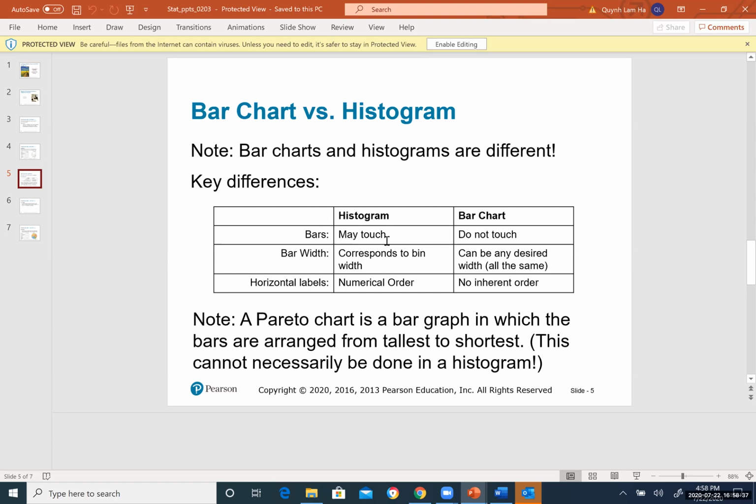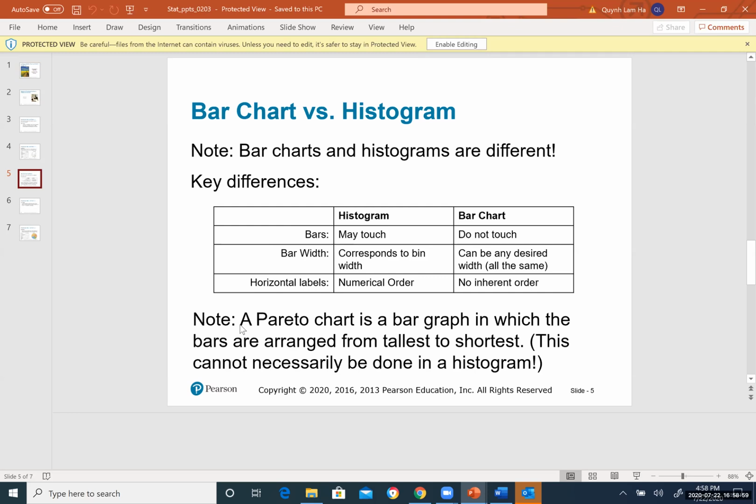You see that? May touch. Sometimes it's not touching. It corresponds to bin width and numerical order. And for a bar chart, they do not touch. Can be any width, yes, but they need to all be the same size. And no inherent order. It doesn't have to be in order.